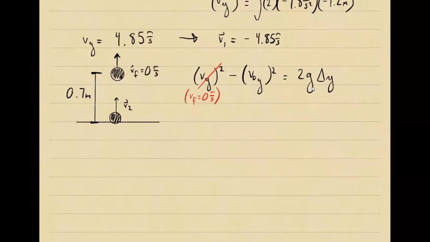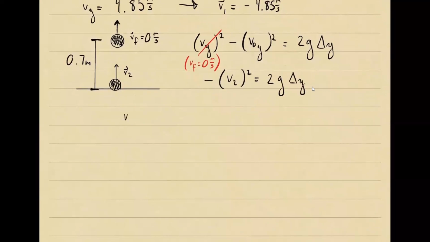This is going to be equal to minus our initial velocity, but our initial velocity is what we're calling v2. So it's going to be minus v2 squared. It's going to be equal to 2 times our acceleration due to gravity, times our displacement in the y direction.